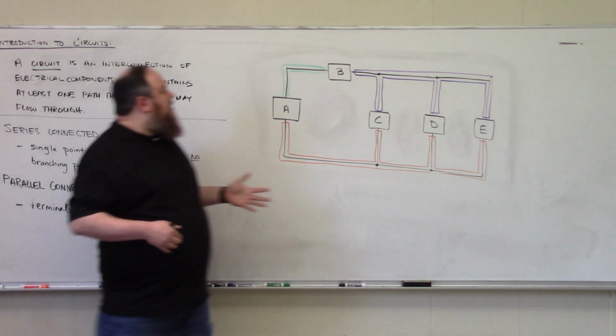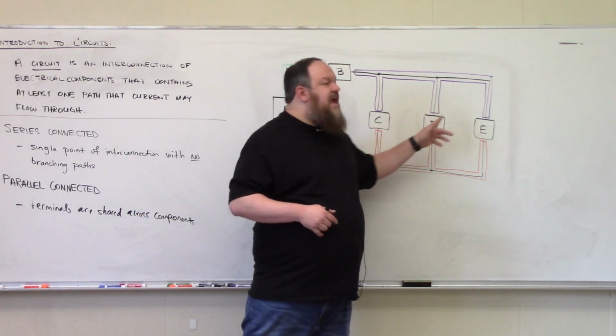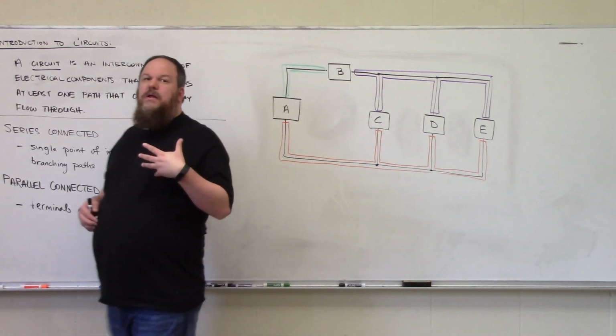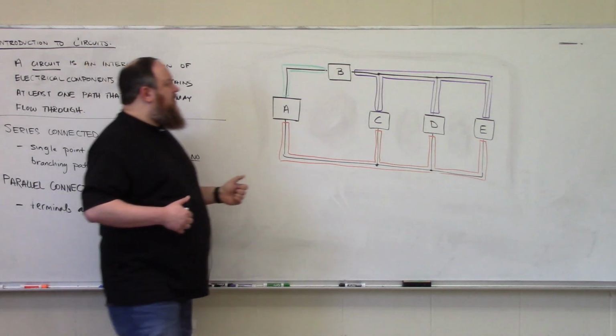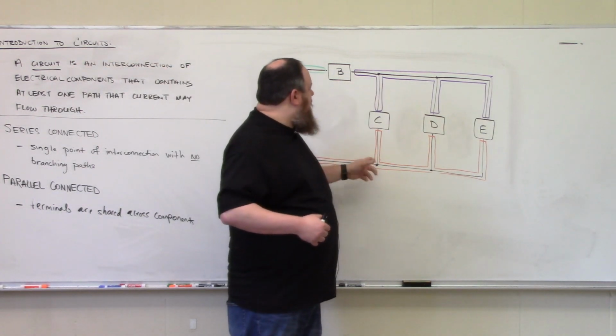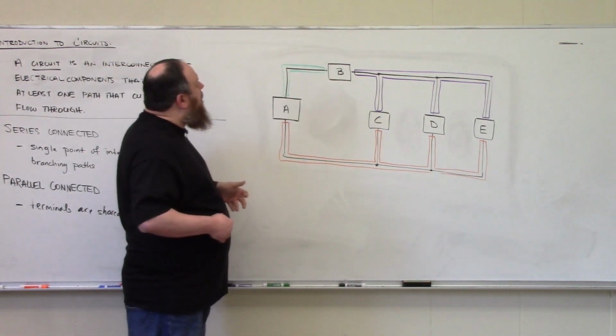So that means that elements C, D, and E are electrically connected in parallel. So they all share purple and they all share orange.